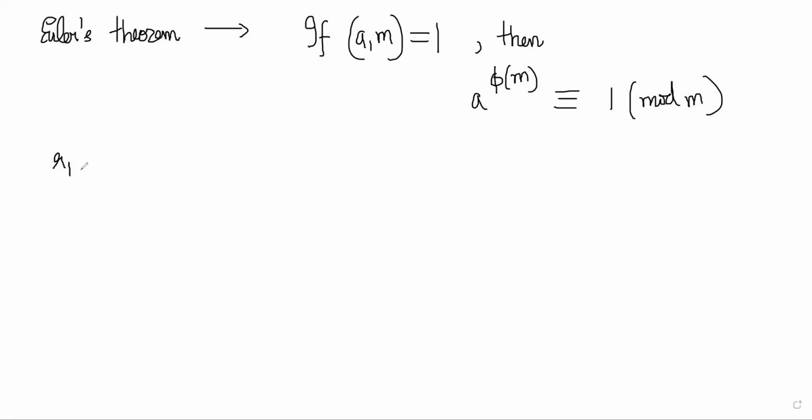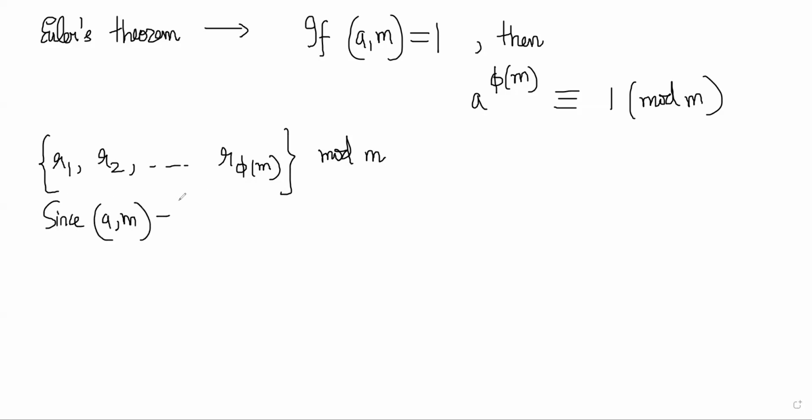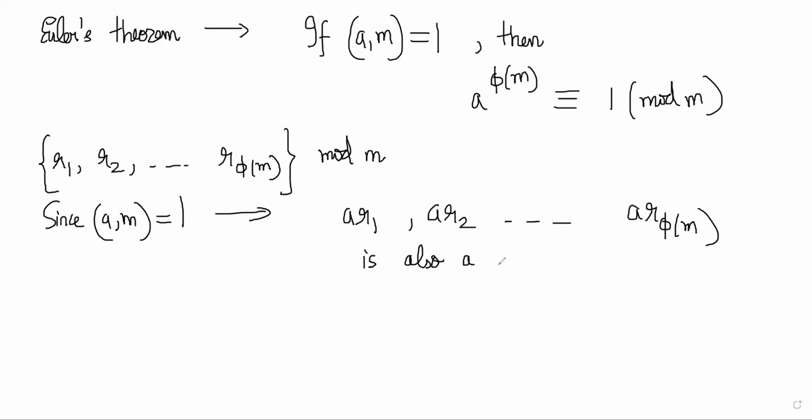You can take any reduced system, R1, R2, up to R phi M, mod M. Since A and M are co-prime, that means AR1, AR2, up to AR phi M is also a reduced residue system mod M.